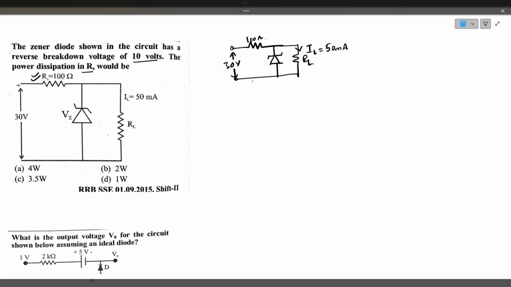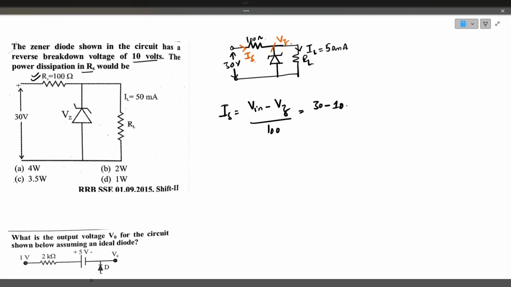Now we'll find the power dissipation through RS, the series resistance. First we have to find the series current IS. Series current IS is equal to the input voltage minus the Zener potential Vz, divided by 100 ohms. The input voltage is 30, and the Zener breakdown voltage is 10 volts, as given in the question.